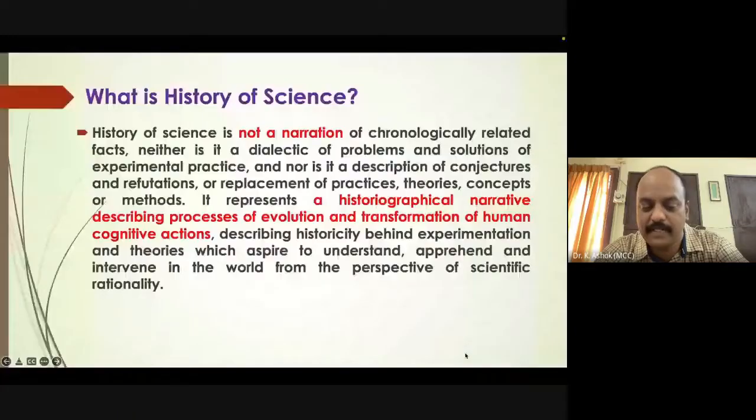So history of science describes the historicity behind experimentation and theories, which aspire to understand, apprehend, and intervene in the world from the perspective of scientific rationality.